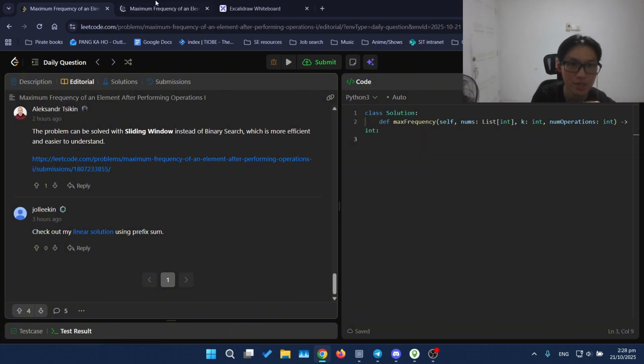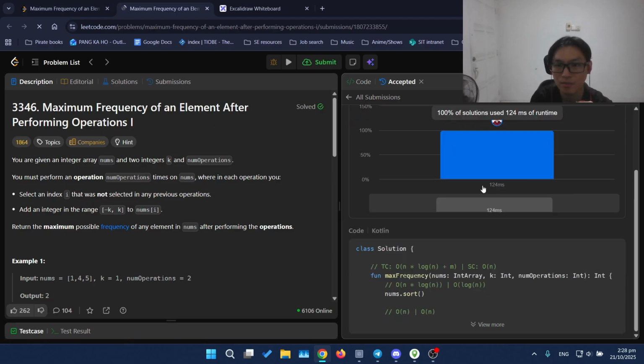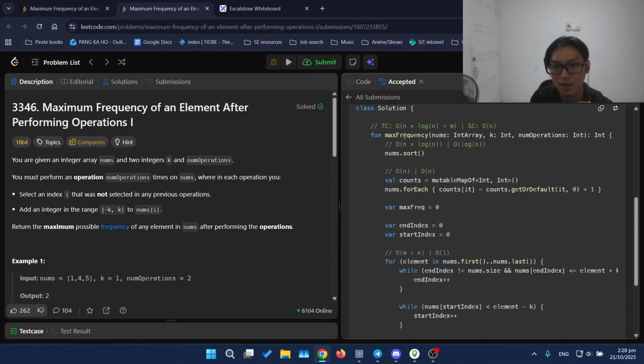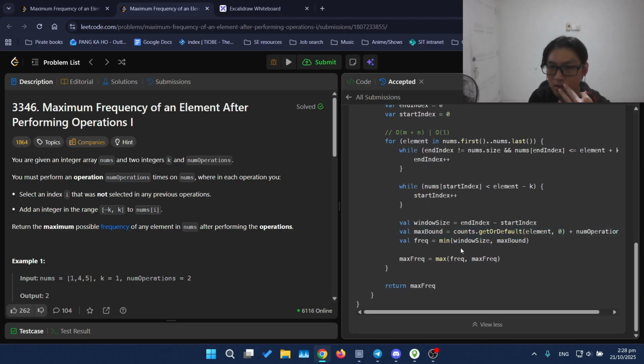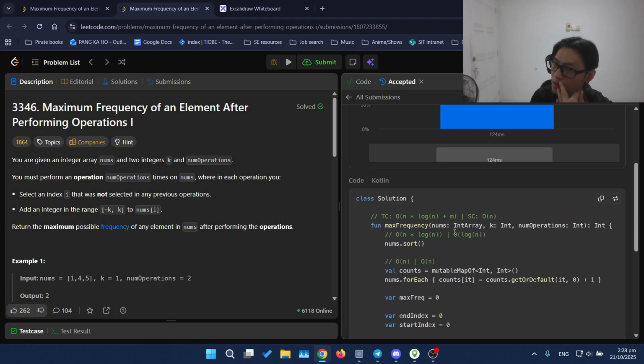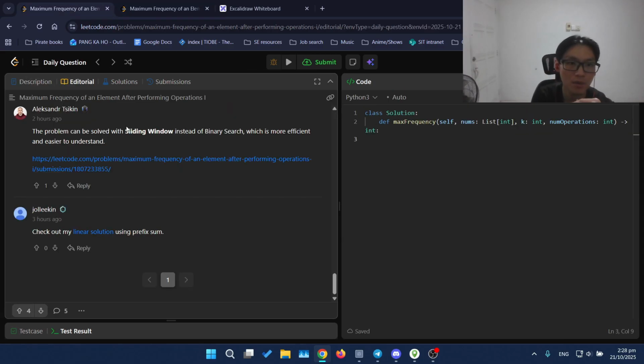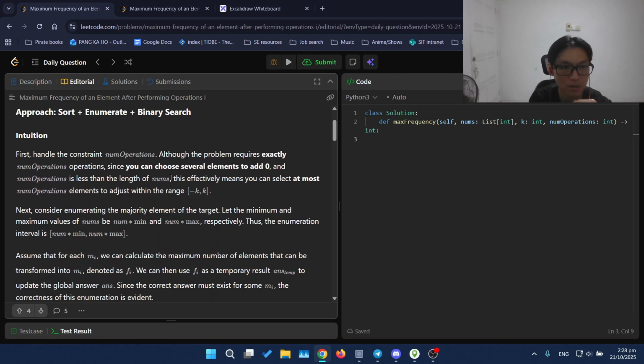Prefix sum. Interesting. Kotlin. Cool. Use a counter. Okay. Let's see the editorial solution first.